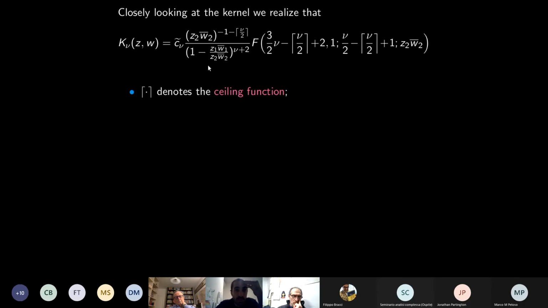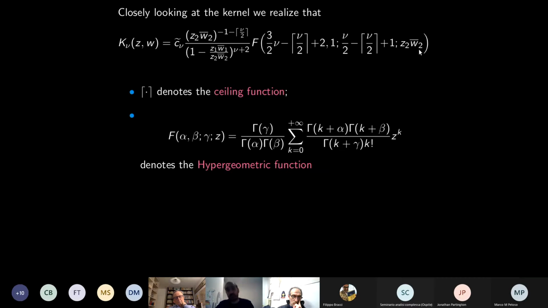Then we have 1 minus the diagonal term, z1 w1 bar over z2 w2 bar, to the power 2 plus nu. And this last factor, which depends on nu and is a function in z2 w2 bar, is the hypergeometric function, which is defined as follows.